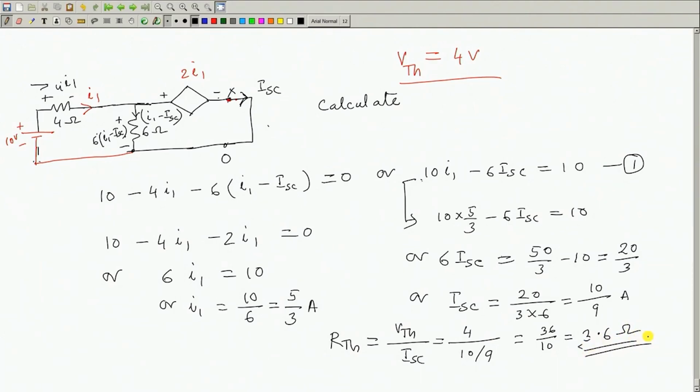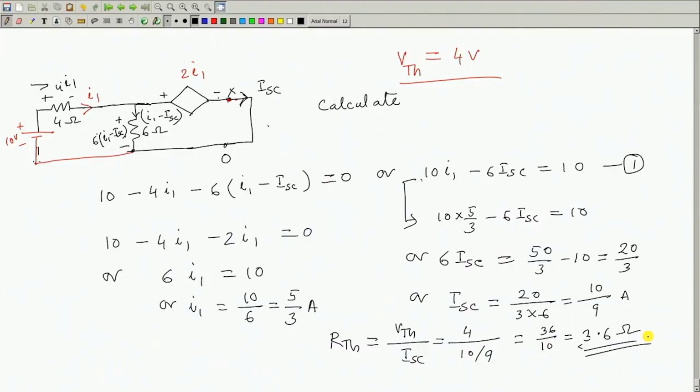Therefore, you should be careful when a network has both dependent and independent sources, and you are asked to calculate the Thevenin equivalent of a circuit having multiple dependent and independent sources. While calculating R Thevenin and V Thevenin, you should be careful. To calculate the open circuit voltage, do not remove any source; calculate V_oc writing KVL, KCL only, or whatever method you like.